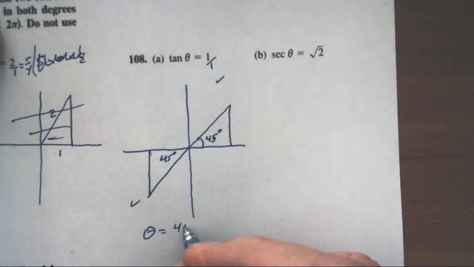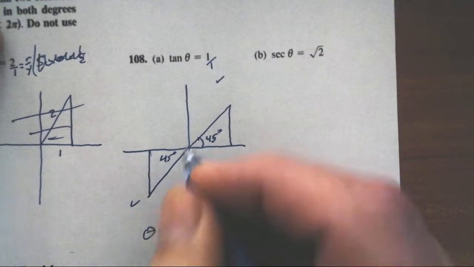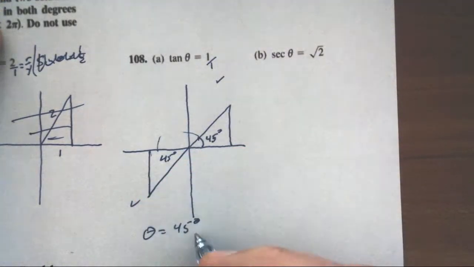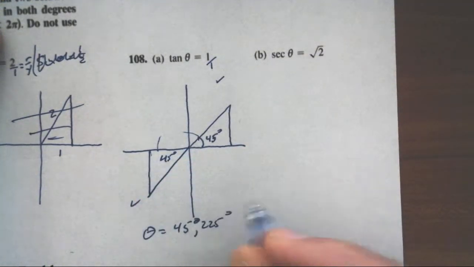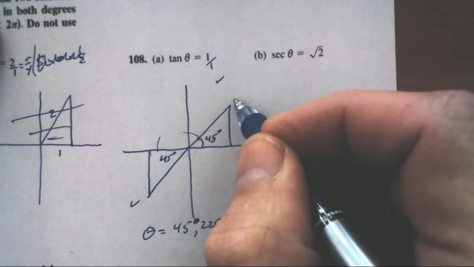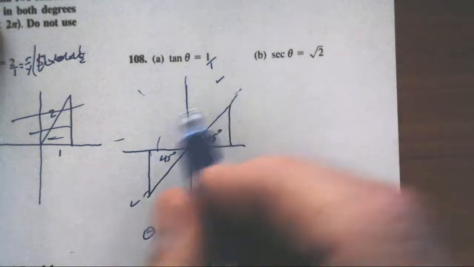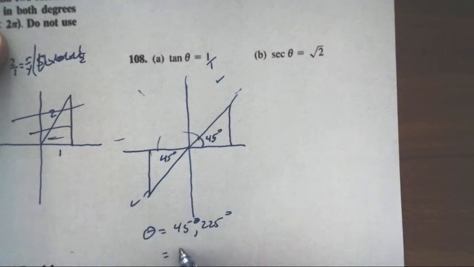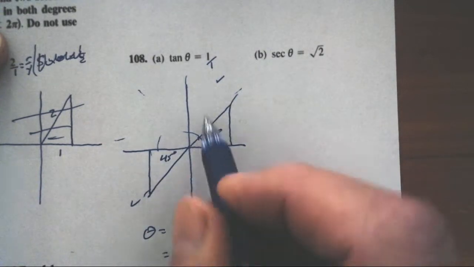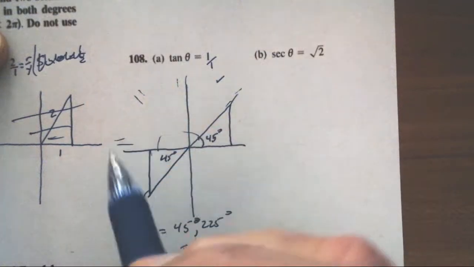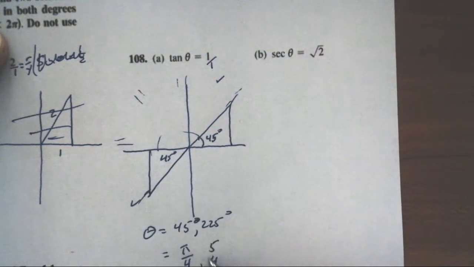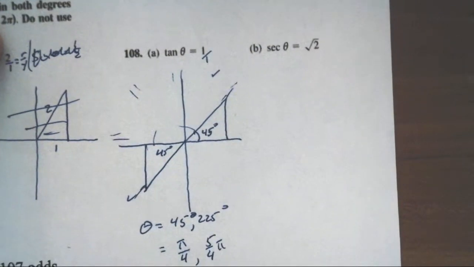Theta is 45 degrees, or 180 and 45, 225 degrees. Fourth pi is 1, 2, 3, 4, 5, either 1/4 pi on 4, or 1, 2, 3, 4, 5, 5/4 pi.